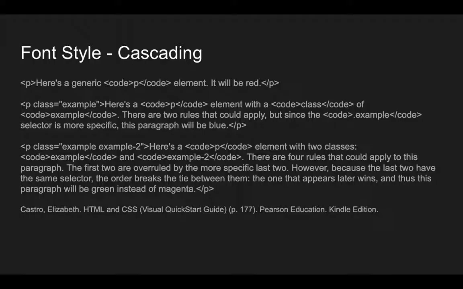And then we have another class attribute. It references the class example, but it's also referencing another class called example-2. What happens here is that the second P class will pick up some of the styles of the example that we see there, and then whatever else is in here, it's also going to pick up and apply.